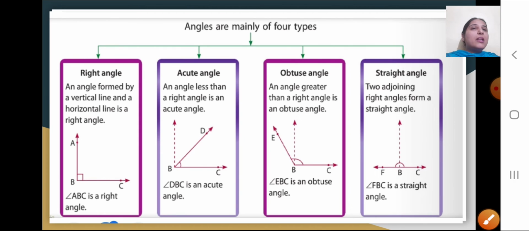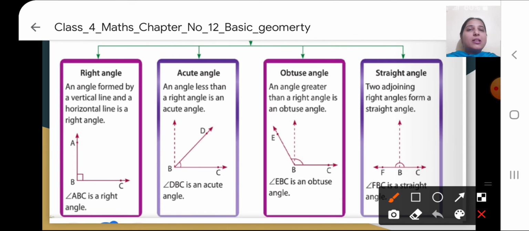Now, angles are mainly of 4 types. Okay. So the first type is right angle. So what is a right angle? An angle formed by a vertical line and a horizontal line is a right angle.